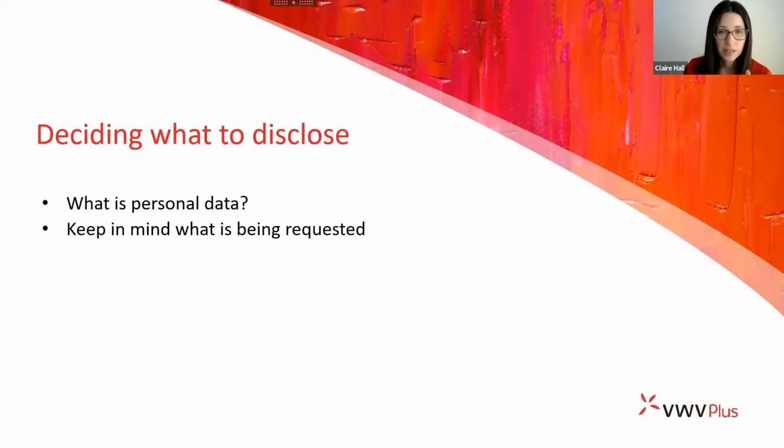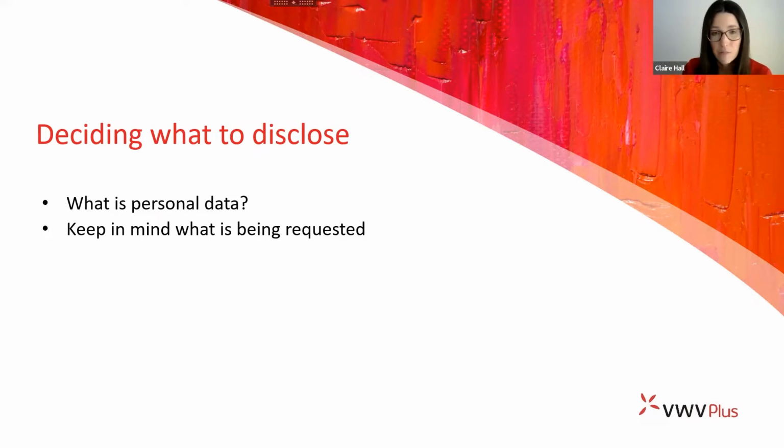Okay, so deciding what to disclose. As I said a moment ago, I am not going to go through in minute detail everything you should consider when deciding what to disclose. So the starting point is, remember that the person is entitled to a copy of their personal data. So think about what the definition of personal data is when you are doing your searches.